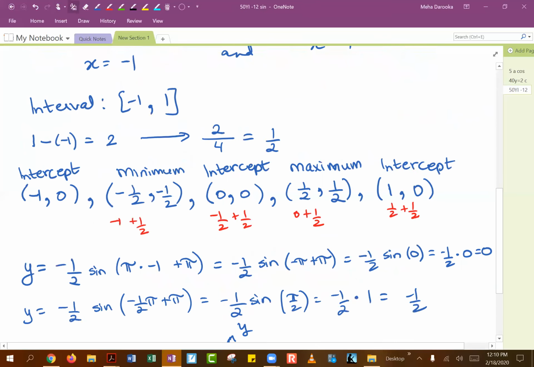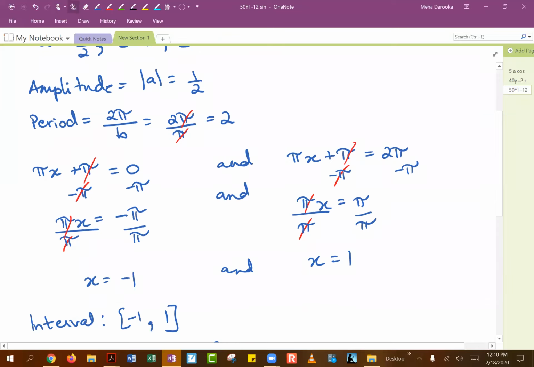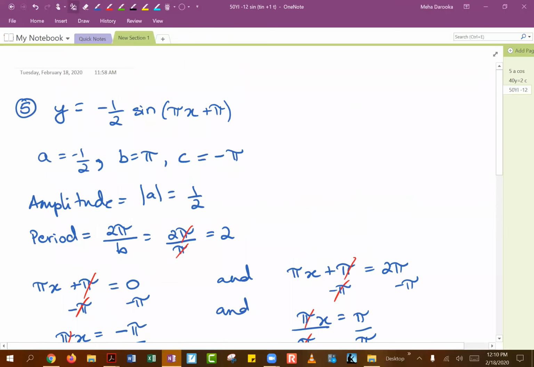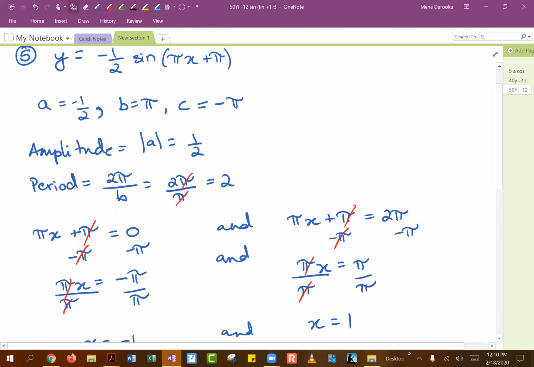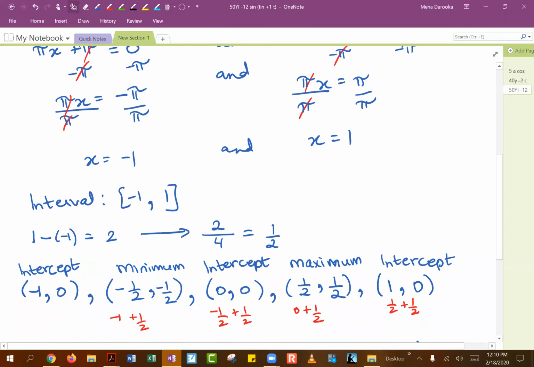Okay, so let me just quickly recap this. We have our amplitude, which tells us our maximum and minimum values for the y coordinate. We calculate our period, so that tells us how far our points need to go. Using the bx minus c part of the equation, you set it equal to 0 and 2 pi, and get your x values, which tells you the interval that we will be graphing in. We always take the right-hand side value and subtract the left-hand side value from it, right, to get your distance between the 2 points.